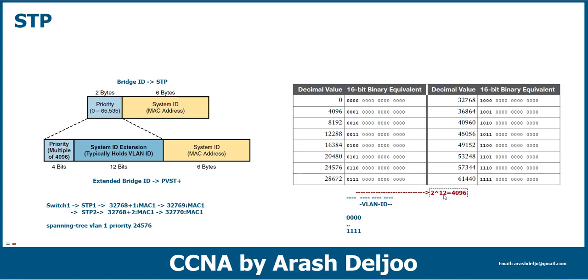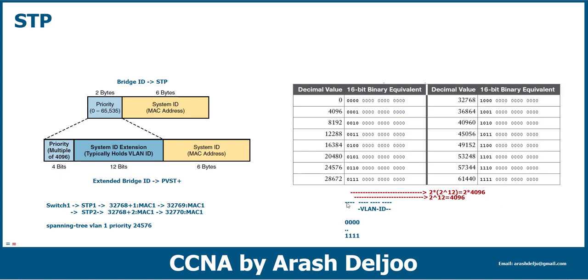After that, the value of the next bit is 2 multiplied by this number, 2 multiplied by 2 to the power of 12, equal to 2 multiplied by 4,096.